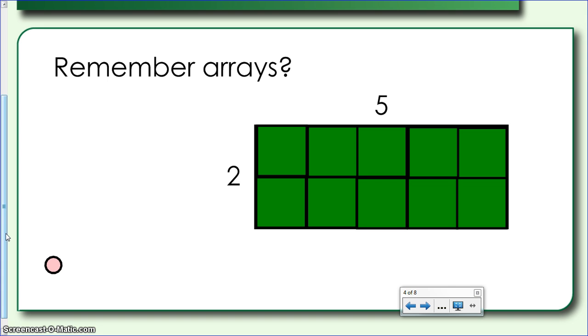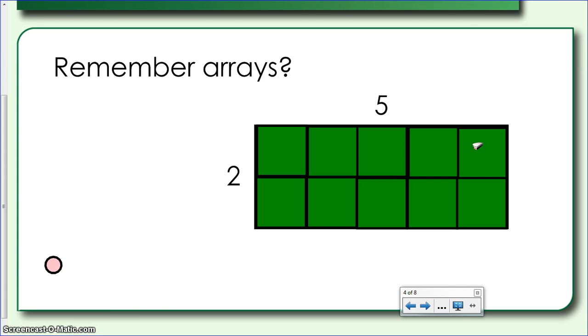Here's a rectangle, and if we look at this rectangle, we can count the squares 1, 2, 3, 4, 5, or we can think of it as an array inside this rectangle that is 2 rows by 5.